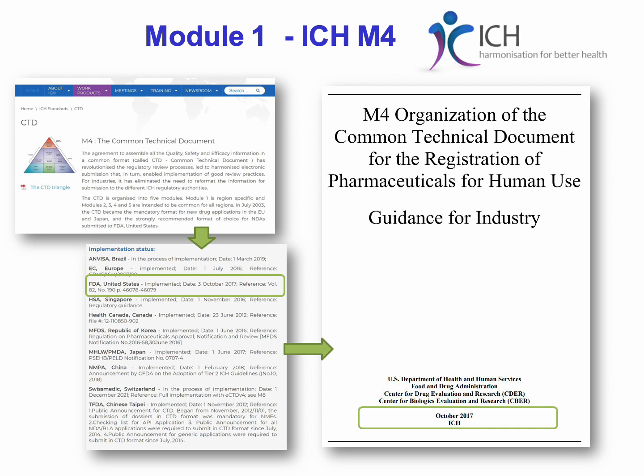However, this document has been used by FDA in order to write another guidance document that we call M4 Organization of the Common Technical Document for the Registration of Pharmaceuticals for Human Use, which is a guidance for industry, but written by FDA. And here, FDA is going to give us information related to the structure of Module 1 of our submissions in CTD format to FDA.